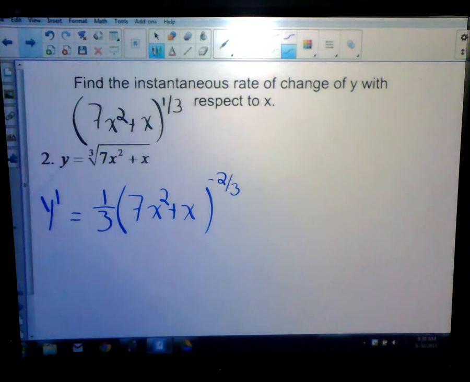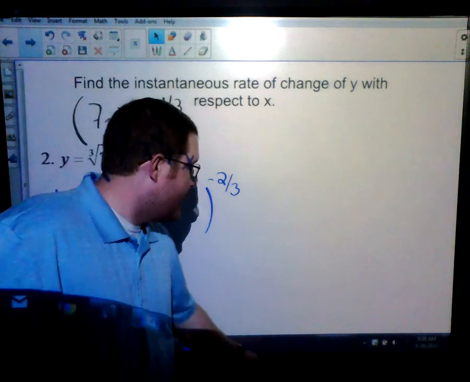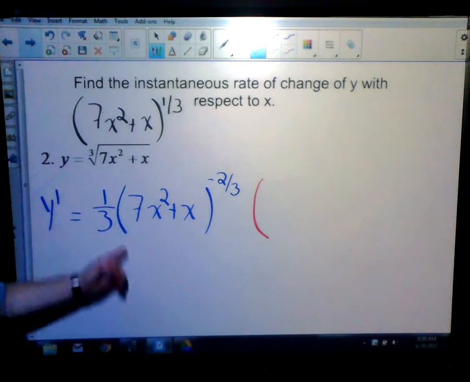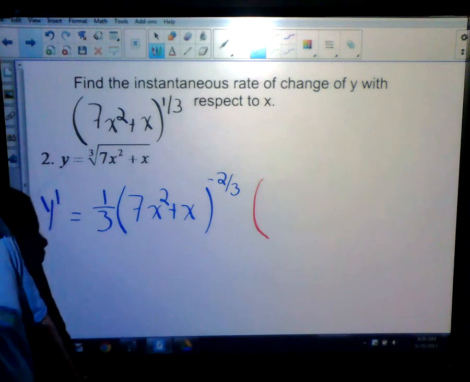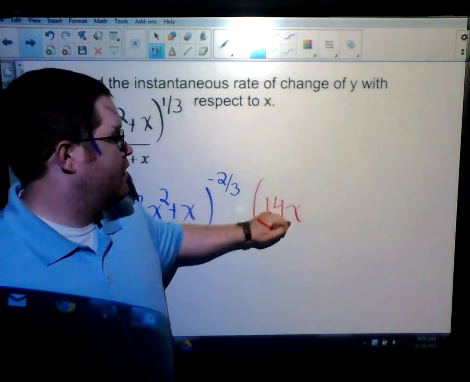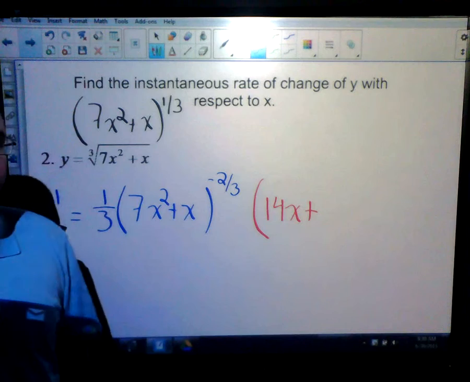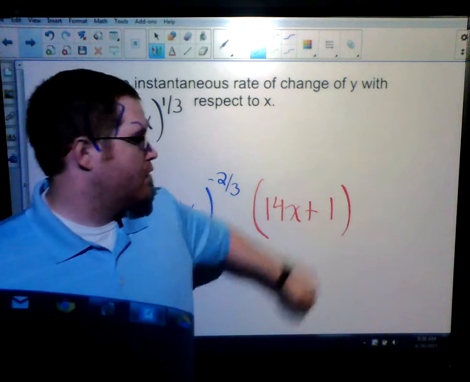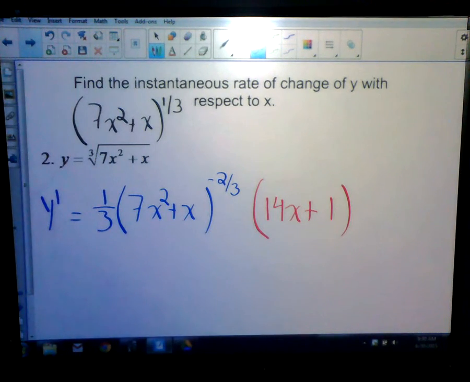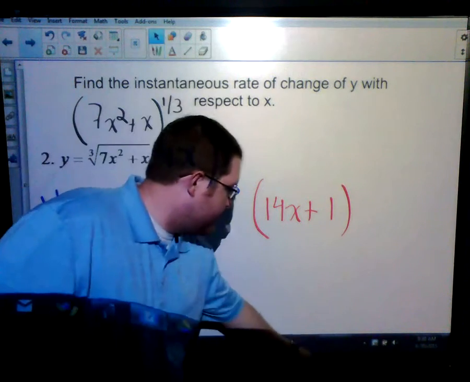Now let's do the derivative of the inside. A lot of people will make a mistake here. What's the derivative of the inside? It's 14x plus, what's the derivative of plain x? 1. Cleaning up my answer.